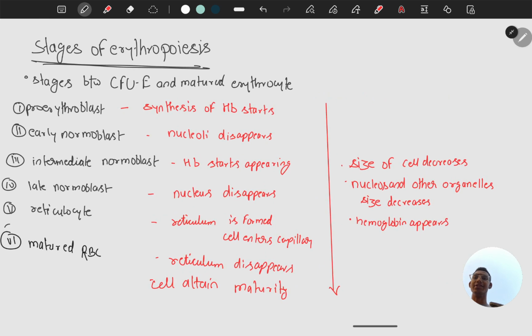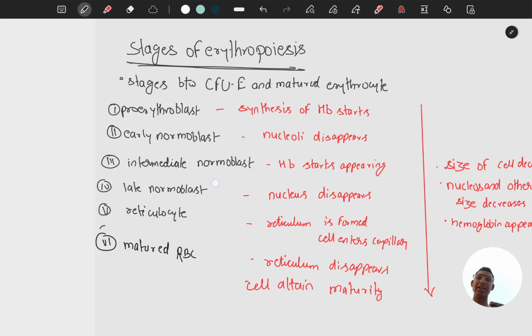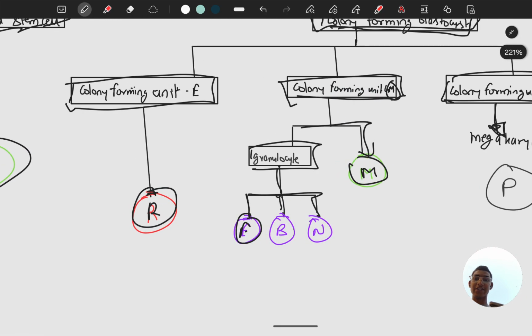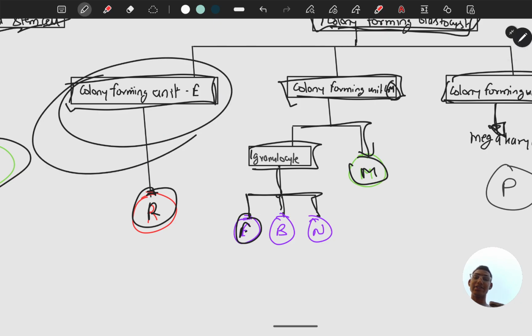Stages of erythropoiesis. Erythropoiesis actually starts from here, from CFU-E, colony forming unit erythrocytes, to matured RBC.